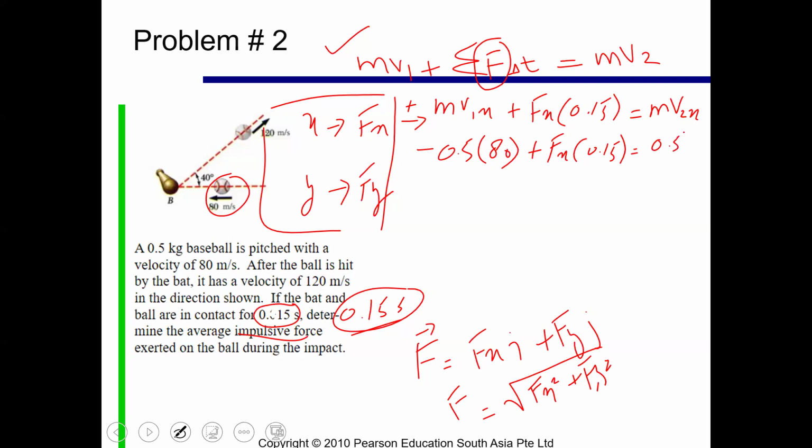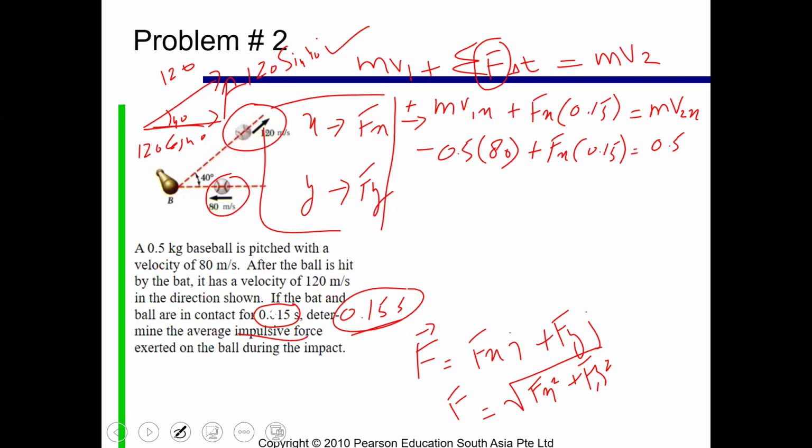Mass is provided for the baseball. And what is V2x? Now, after hitting, the ball is moving like this. So technically speaking, this is 120, right? Angle 40, which means it has one x component, 120 cos 40, and it has one y component, 120 sine 40.